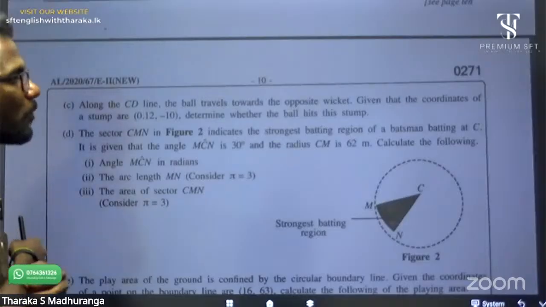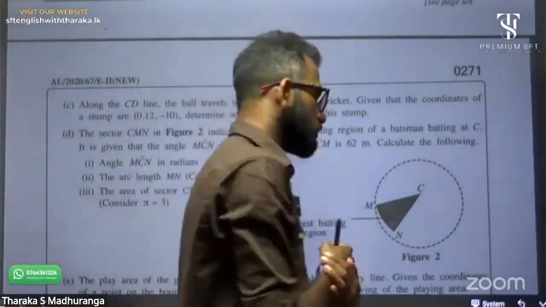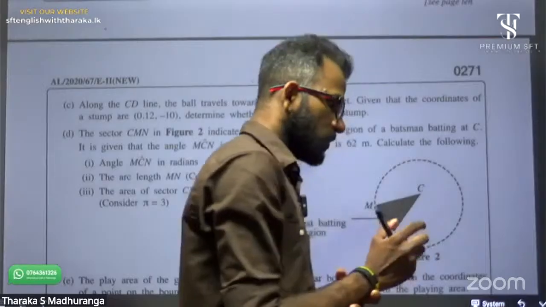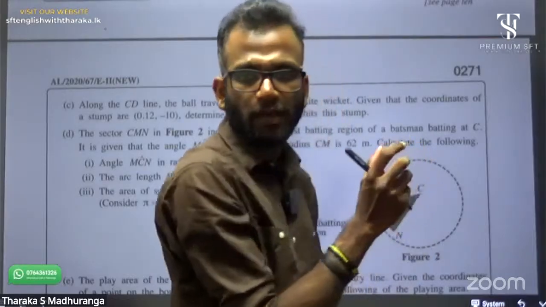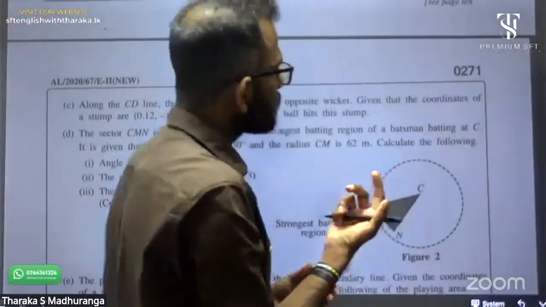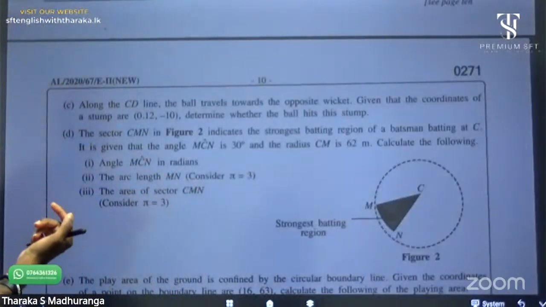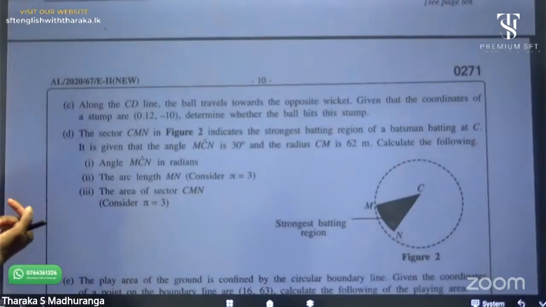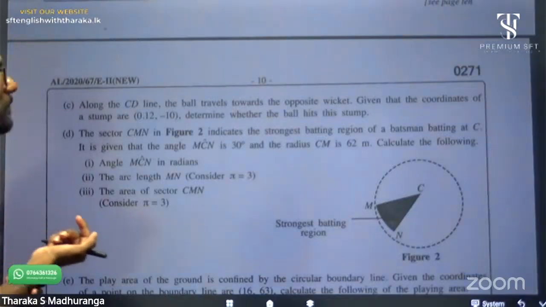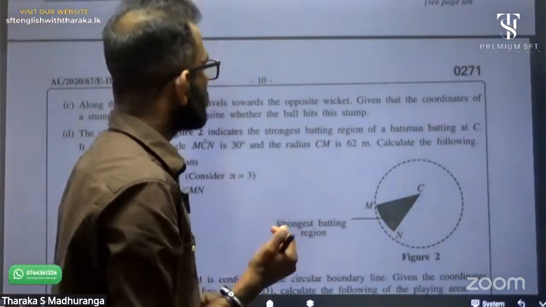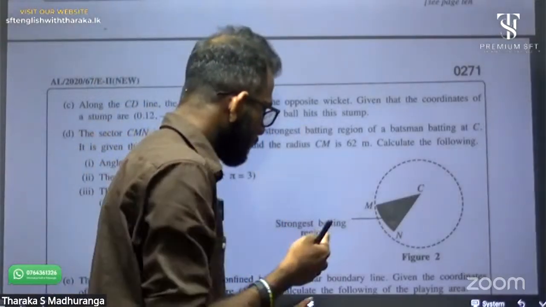Determine whether the ball hits the stump or not. That's the point you need to calculate. Along the CD line the ball travels towards the opposite wickets, yes, it goes along the CD line.